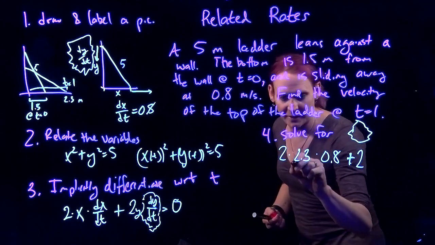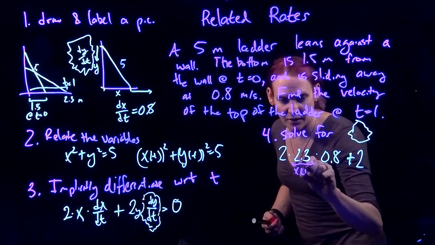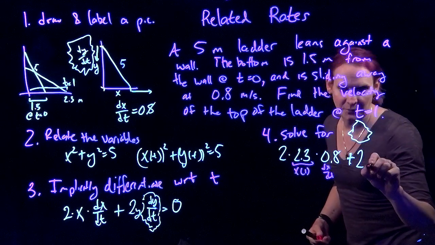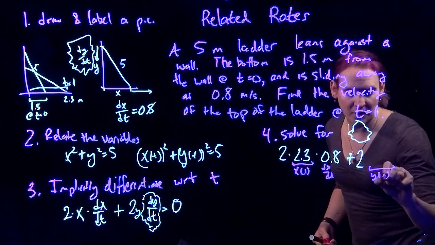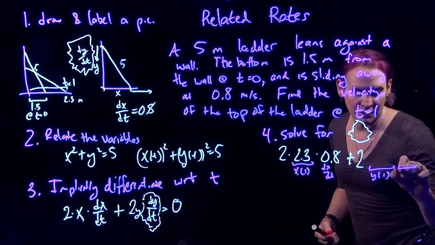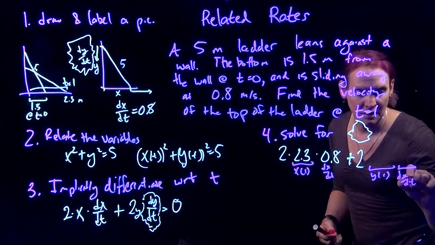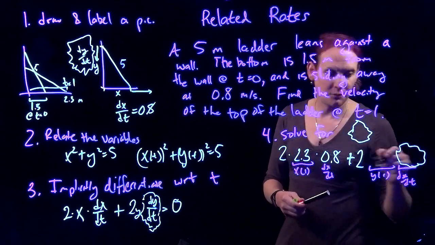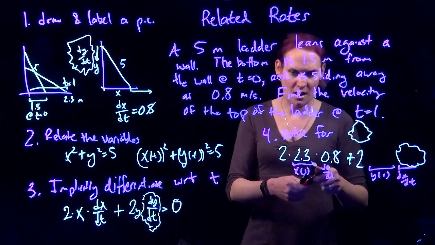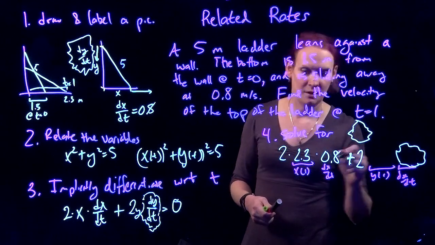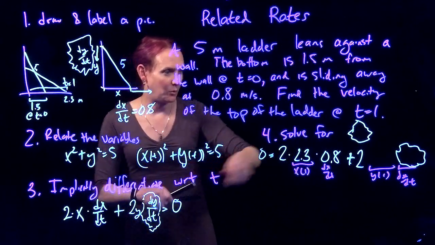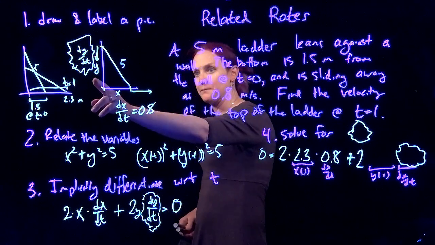Let's remind ourselves what we have. This right here is x at 1. This right here is dx dt. Then we're going to have y at 1 and our unknown dy dt. So we just need to figure out what y is at time t equals 1.